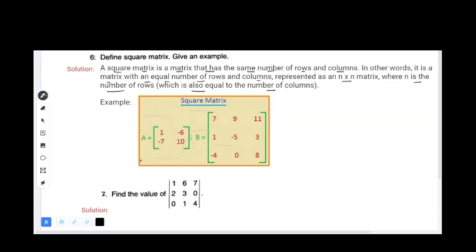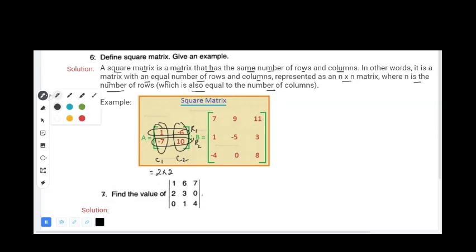For example, if I take A as 1, minus 6, minus 7 and minus 10, there are two rows, first row and second row, and columns C1 and C2. So the order of this matrix is 2 cross 2, that is, order is rows into columns. So we have two rows and two columns.